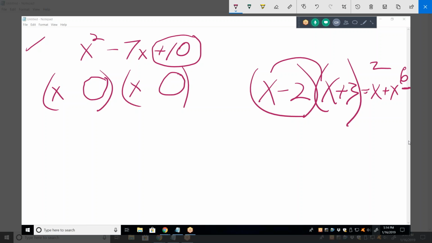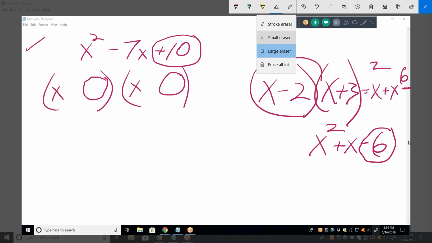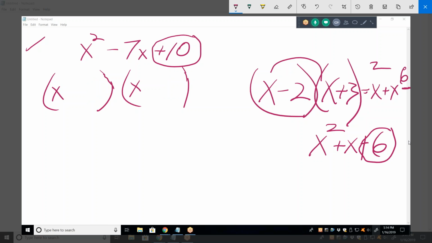But what we're doing with factoring is everything in reverse. So when I look at this quadratic over here on the right, and notice that I have a minus 6, it means my signs have to be opposite. That's the only way you can get a negative number, is with opposite signs. And if I notice that this is a plus 6, that means my signs have to be the same.